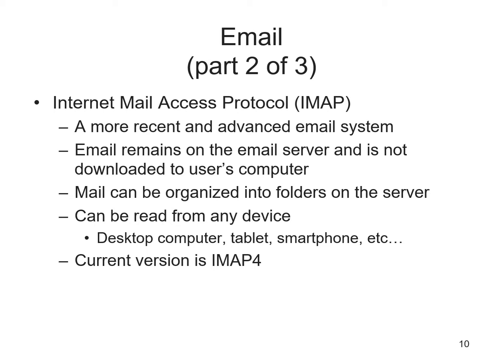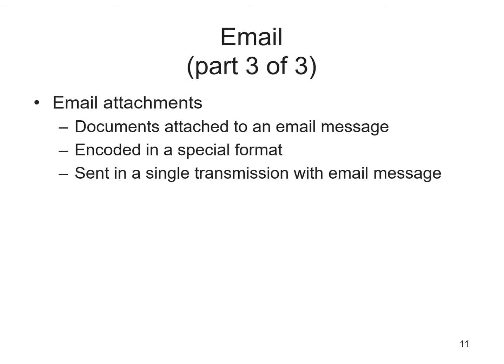Mail can be organized into folders and files, and then it can be read from any device: desktop computers, tablets, or smartphones. So you'll have a client installed on your device, with the help of which you'll be reading the emails which are stored on the remote server, and you'll be notified whenever they arrive in your mailbox.